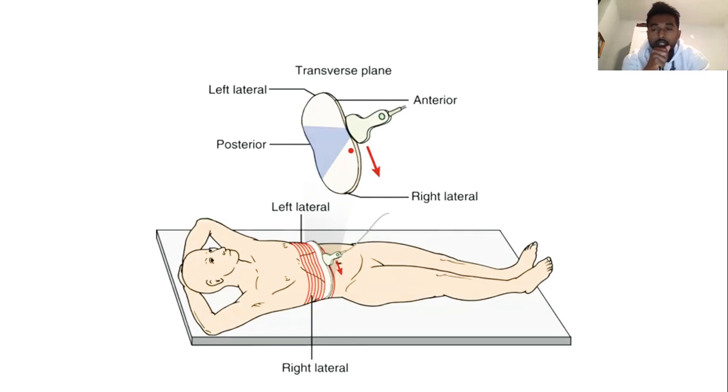That's the convention. The only time the operator stands on the right side is when they're doing cardiac exams, because the heart is on the left side, and if you stand on the left side, you're going to be short-handed. It's just awkward. So during a cardiac exam, the convention is to stand on the right side. For everything else, the operator stands on the patient's left side.